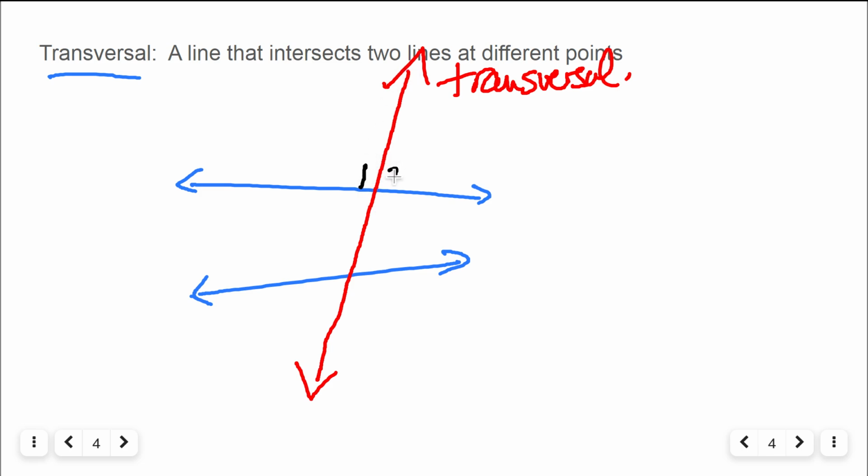I'm going to number them: 1, 2, 3, 4, 5, 6, 7, 8. These 8 angles are all related by different definitions. And that's what we're going to talk about here in just a second. How are they related to each other? All right? So that's the next set of definitions. These 8 angles are all related.